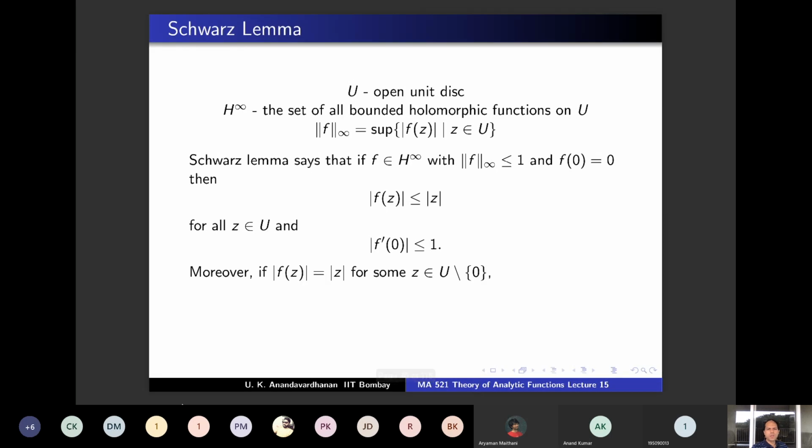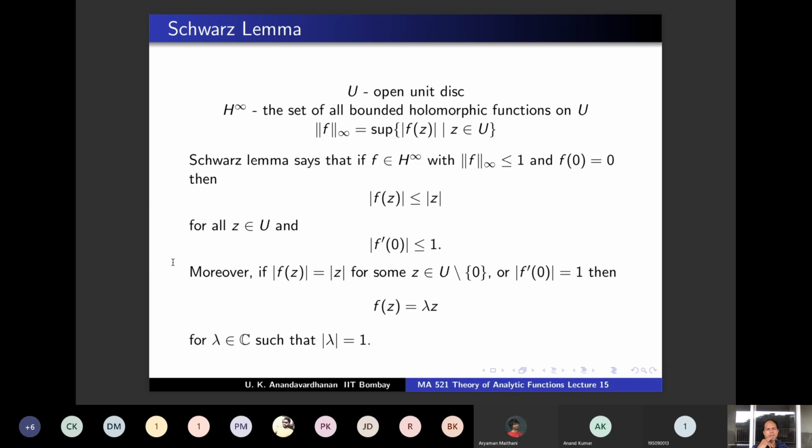Moreover, if equality holds, either here, suppose mod f'(0) is 1, or mod f(z) equals mod z at some point other than 0, then f has not too many options. f(z) has to be a multiple of the identity function, f(z) equals lambda z. But if f(z) is lambda z where lambda is a constant, then the modulus of lambda has to be 1.